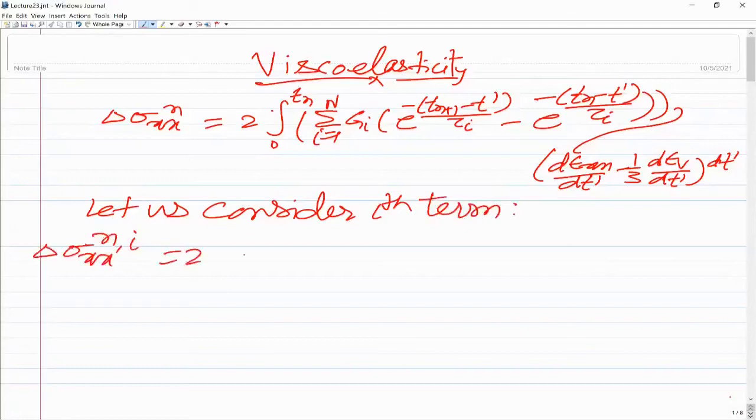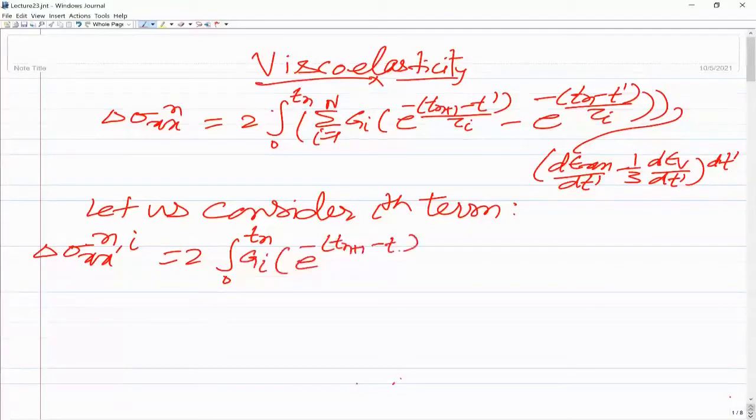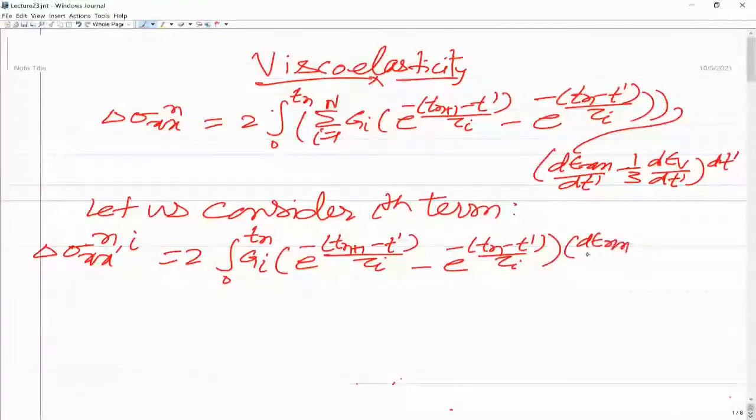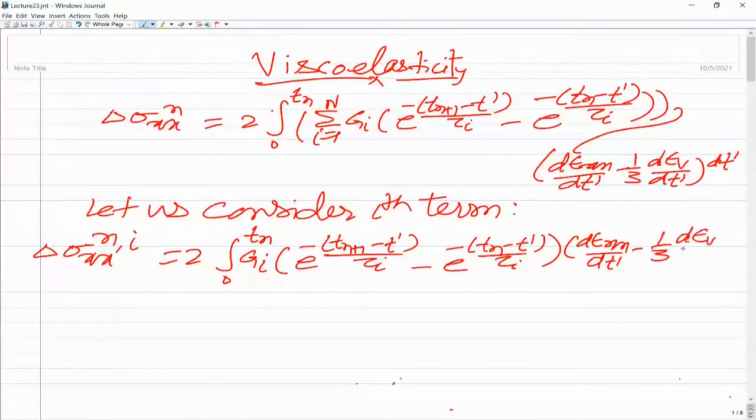So that is twice the integral from 0 to tn of gi times e to the power minus (tn plus 1 minus t dash) upon tau i, minus e to the power minus (tn minus t dash) upon tau i, into d of epsilon xx by dt dash minus one third of d epsilon v by dt dash, into dt dash.